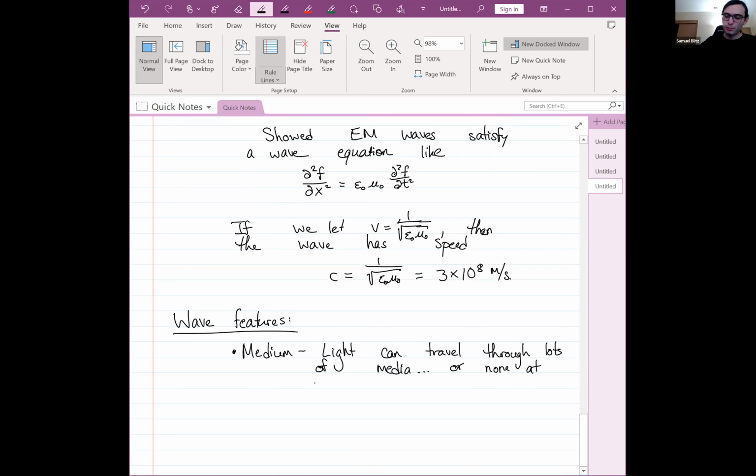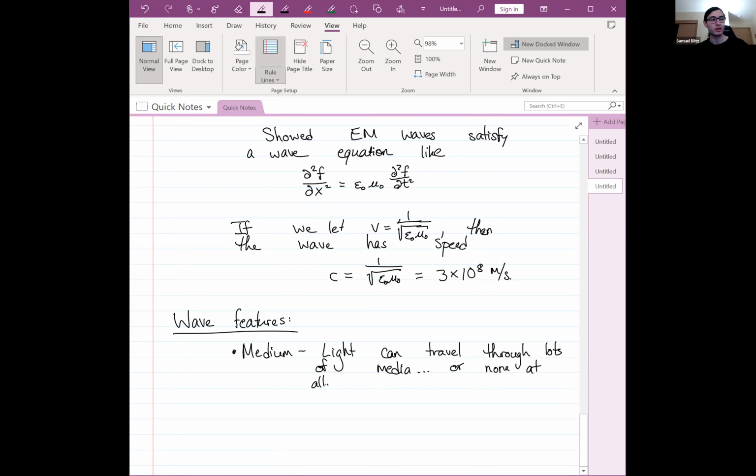which is surprising because up until now, every wave that we've talked about has had to have a medium through which it travels. A displacement wave on a string travels in the medium of the string. A sound wave travels through the air or the water or whatever. A compression wave on a slinky travels through the slinky. An ocean wave travels through the ocean. A light wave can travel through nothing at all, through the vacuum of space.